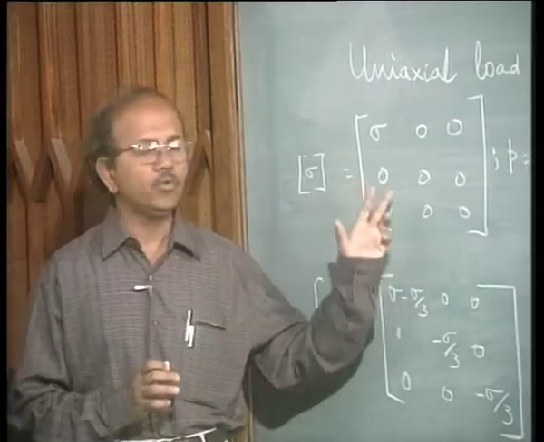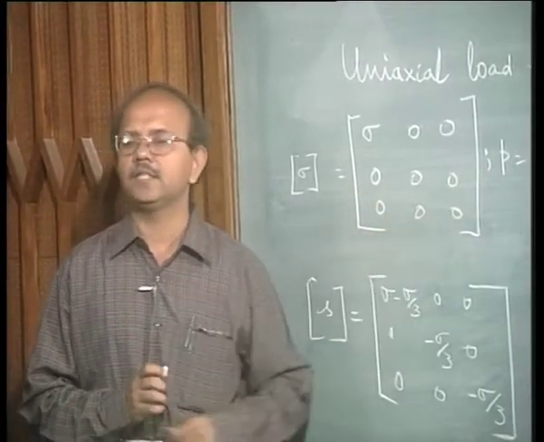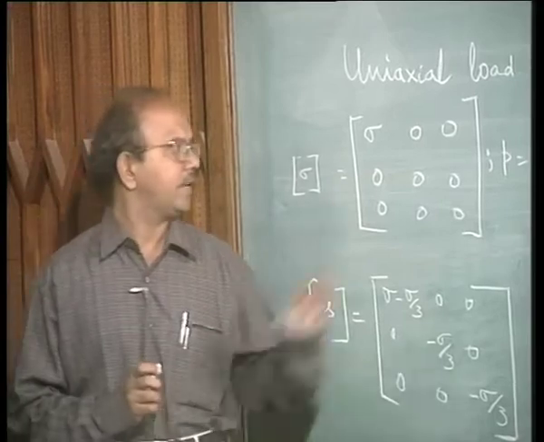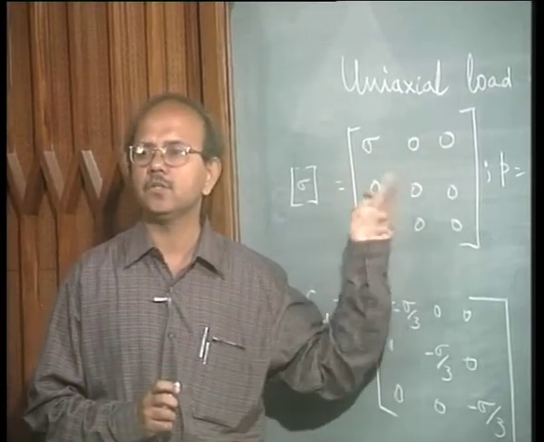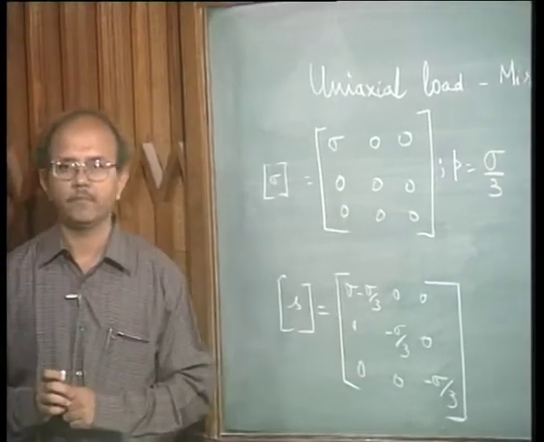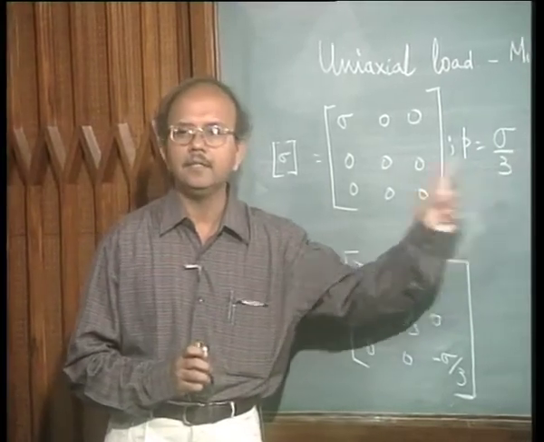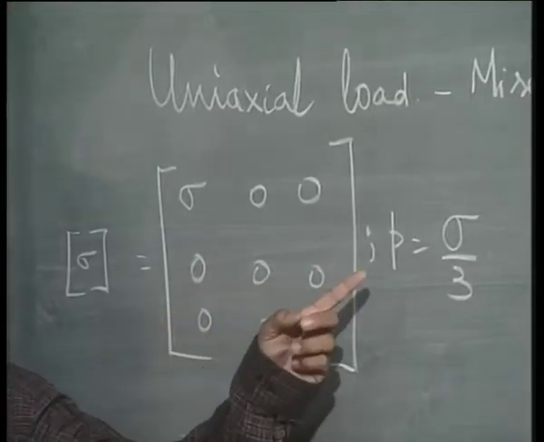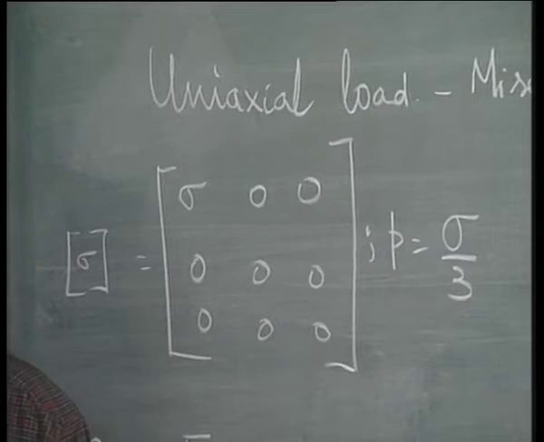So, when I conduct a uniaxial test, the stress tensor can be written in this fashion, with sigma in one position and 0 everywhere else. Please note that this has to be split into a hydrostatic part and the deviatoric part.